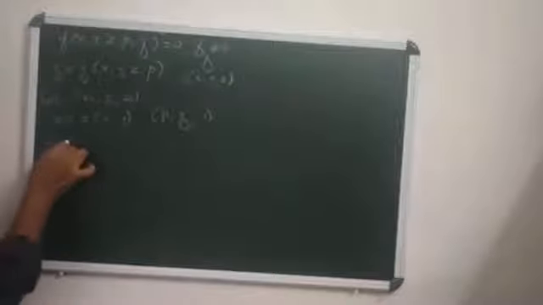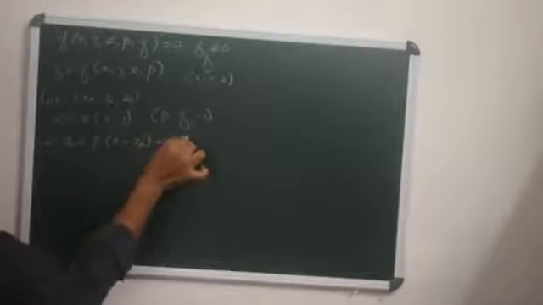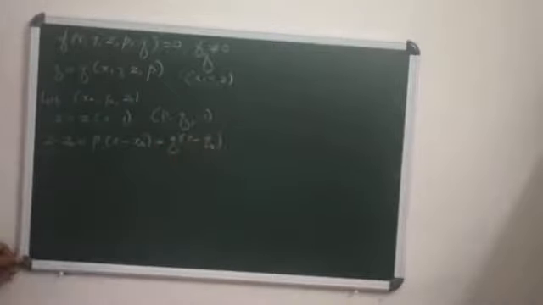Then z minus z naught equals p into (x minus x naught) plus q into (y minus y naught) at each point. Then the Monge cone equation.